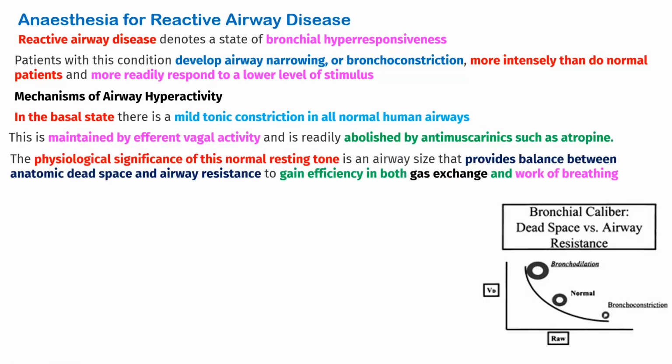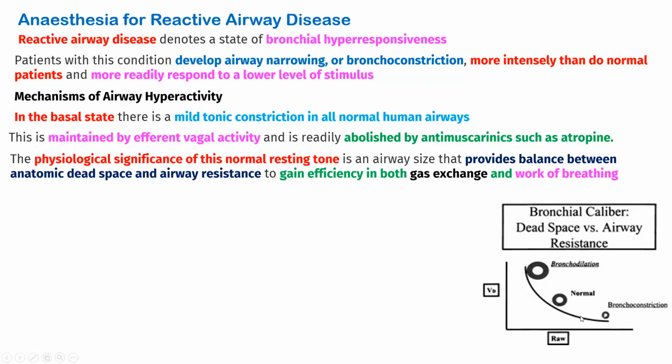The physiological significance is, if you have a normal airway with a normal caliber, then the balance between the anatomical dead space and the airway resistance is enough to cause good gas exchange and a normal work of breathing. If bronchodilation happens, it increases the dead space, so gas exchange will be affected, but work of breathing will be very much relieved. On the contrary, if the patient develops bronchoconstriction, he will have to increase his work of breathing, even though the dead space is decreasing.